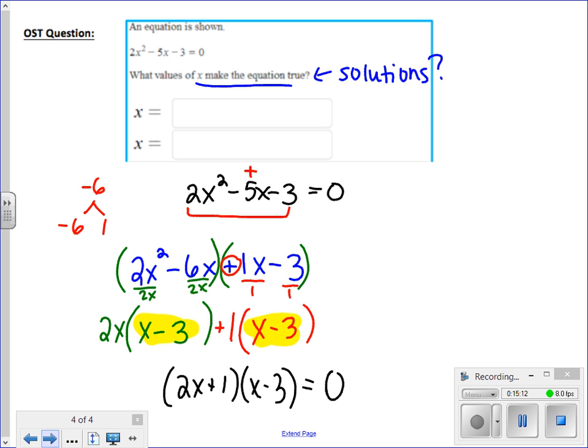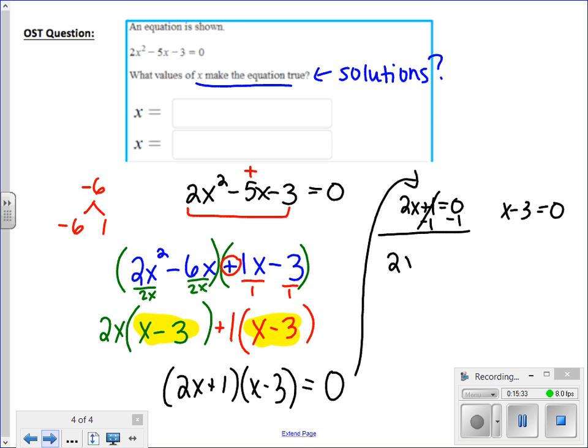That factored form I now set equal to 0, and I can find the solutions to each equation. So I'll take 2x plus 1 equals 0, and x minus 3 equals 0. On the left here, I subtract 1 to start, and I'm left with 2x equals negative 1, and then I can divide by 2.